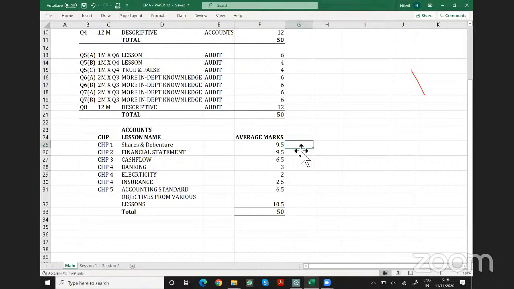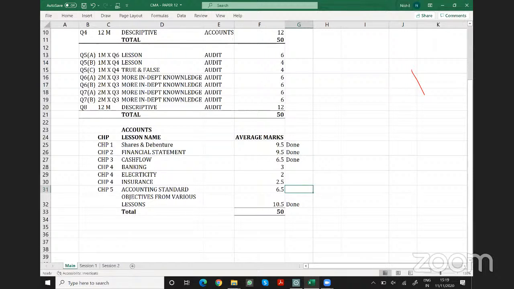Cash flow done. And the same goes for the objectives as well. They will be covered in our chapters 1 to 3 because we have covered our theory sessions as well. So now we will jump to accounting standards. Accounting standards are the most important thing, and today we will try to complete all our accounting standards.